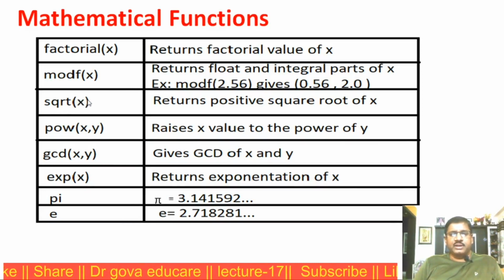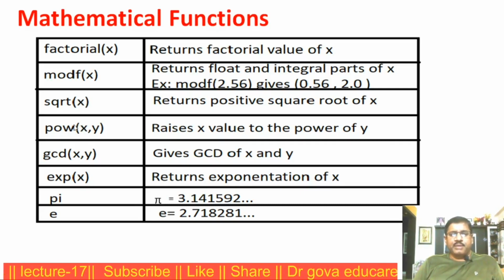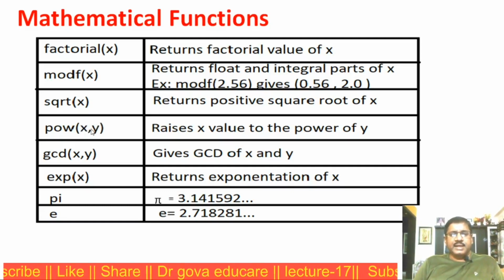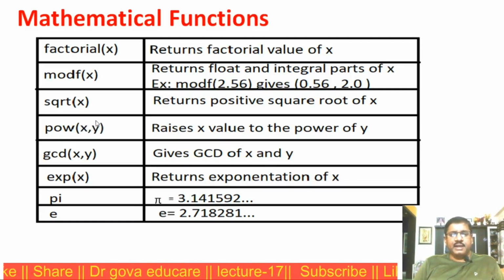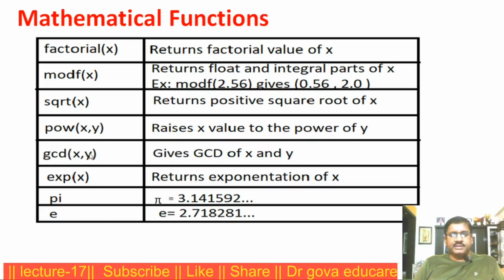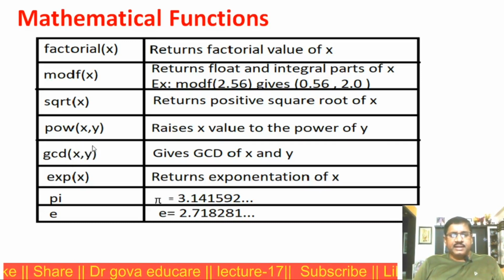This function returns the positive square root of x. Next, the power function, pow of x comma y, that is x power y. That means it raises x value to the power of y. GCD of x comma y. This function gives the greatest common divisor of x and y.